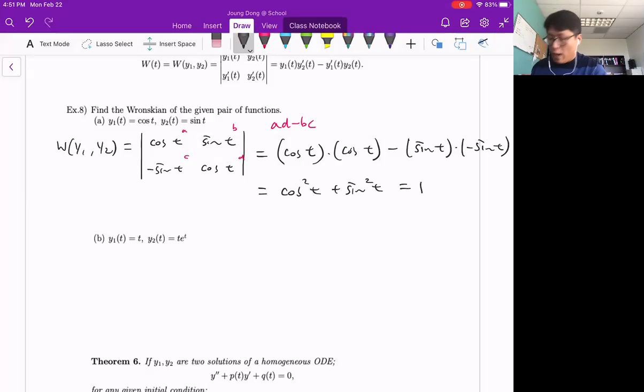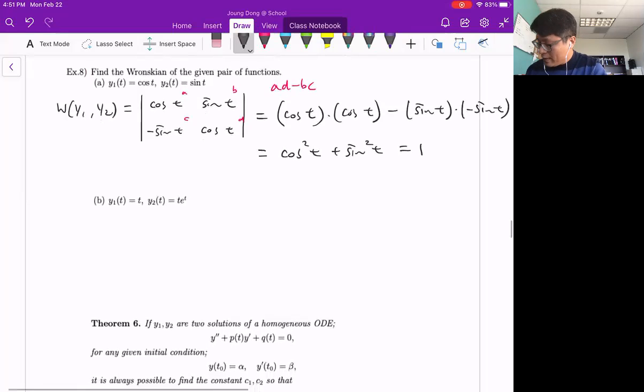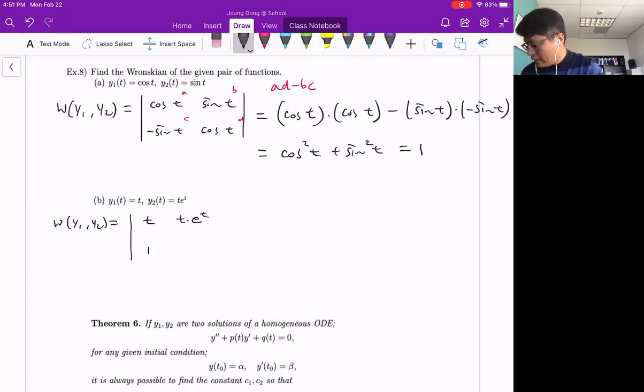And let me give another. Look at B. y1 is t and y2 is t times e to the t, right? So the Wronskian of this one is equal to the determinant of y1 and y1 prime and y2 and y2 prime. Definitely the product rule, right? And t prime is 1. So it's e to the t plus t times e to the t.